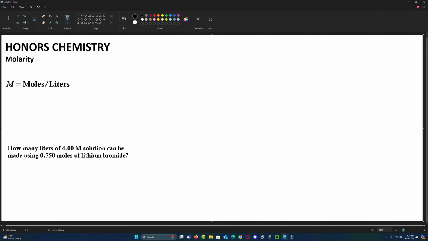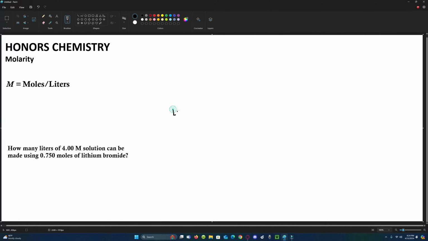But we already have the molarity, how many liters of a 4.0 mole solution. That's the molarity right here. And then can be made using 0.750 moles. And we have the moles right here. So this connects to this, and this connects to this. So we can just implement these values into this equation.